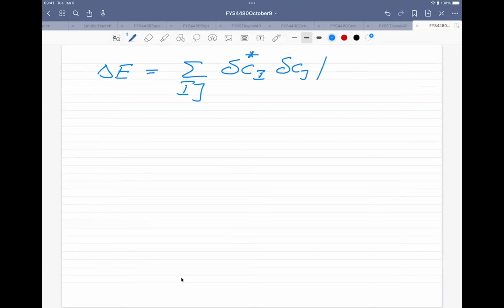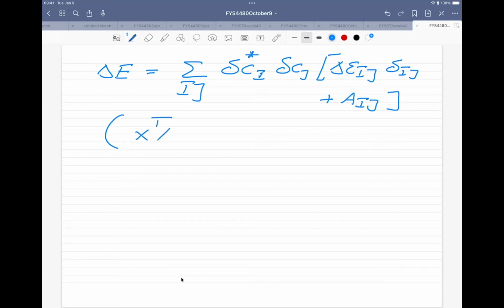And this is multiplied, for the first term, by a delta epsilon_IJ, which obviously also contains a Kronecker delta_IJ, plus this A_IJ, like that. So just as a reminder, if you have a matrix A and a vector X, then this is nothing but the sum of X_I, A_IJ, the matrix elements, and then X_J. Just as a quick reminder.